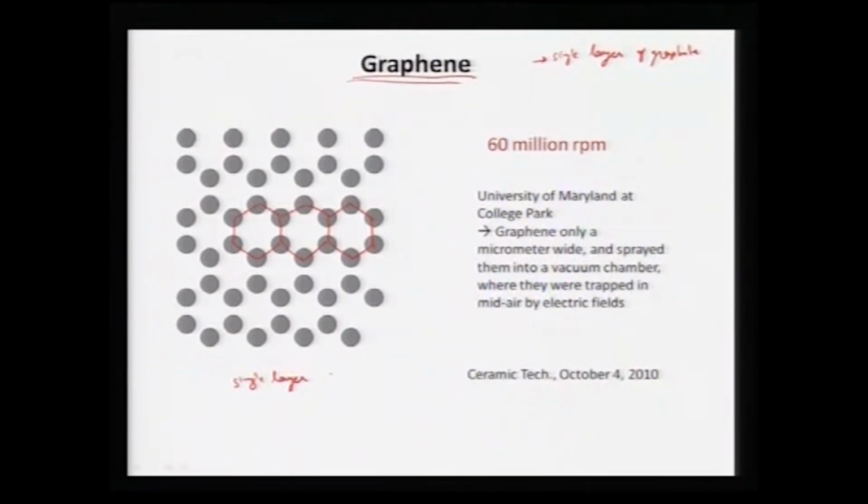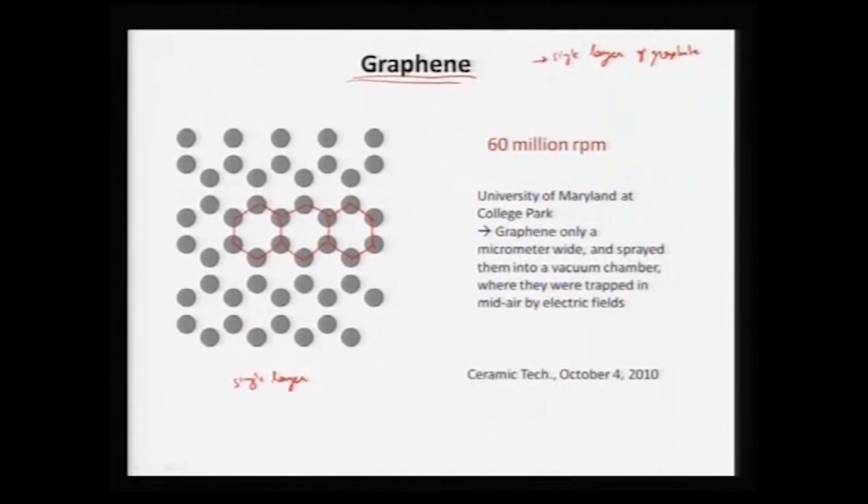The beauty of this one is that it has a very high thermal conductivity as well as very high strength. The fracture strength can be as high as around 200 gigapascals, whereas the modulus can be as high as 1 terapascal. Graphene also has very high transparency, on the order of 97%, which can be utilized for making transparent screens.